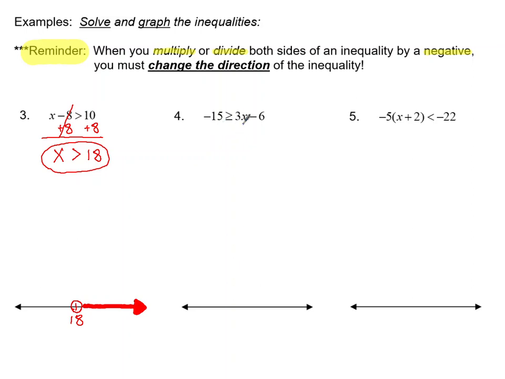Let's look at number 4. I need to solve for this x, so I need to get rid of this 3, and I need to get rid of this negative 6. The first thing to go are the things that we add or subtract, so since this is subtraction of 6, I'm going to add 6. I'm going to do it to both sides of my inequality. I like to cross out what I've done right there. Negative 15 plus 6 becomes negative 9. Adding does not change my symbol.